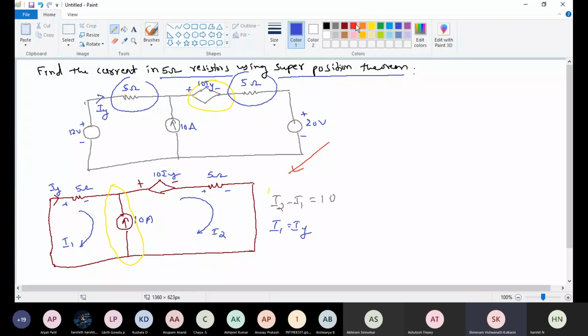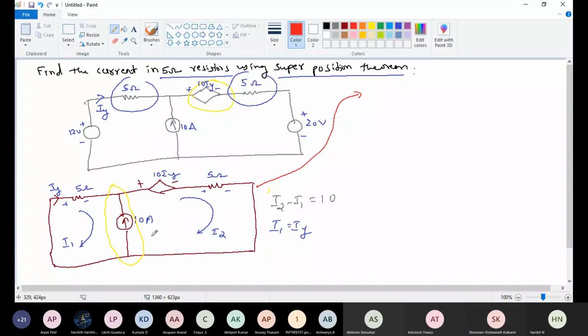Now how to apply KVL for this super mesh? We are going to apply KVL only for the outer loop, not considering this 10 ampere.